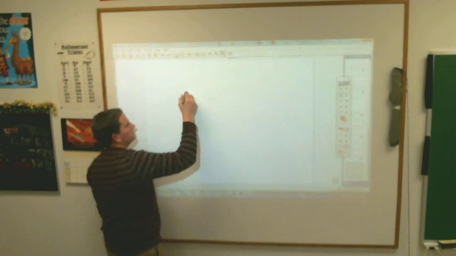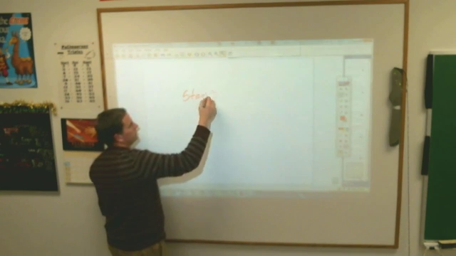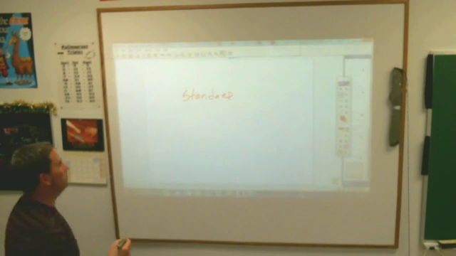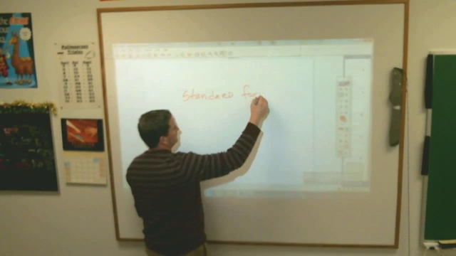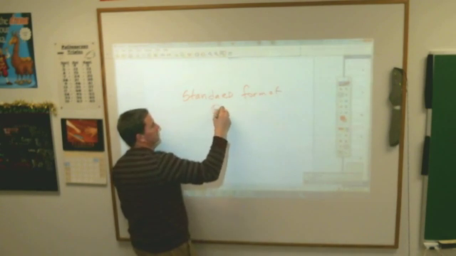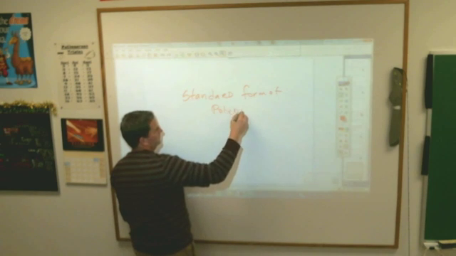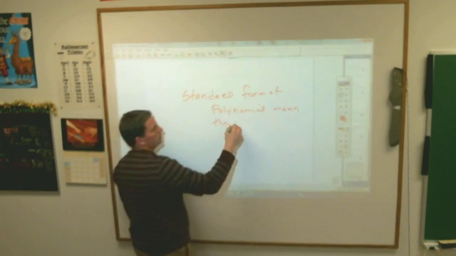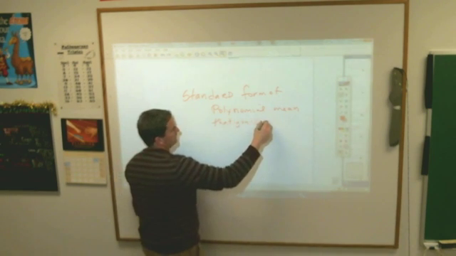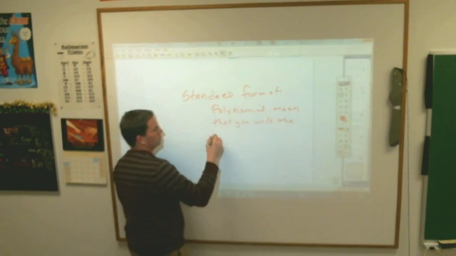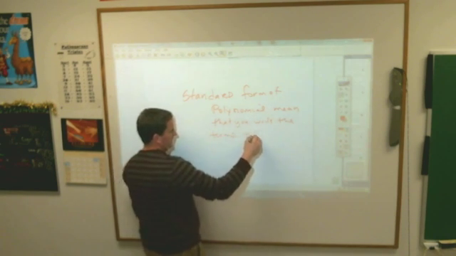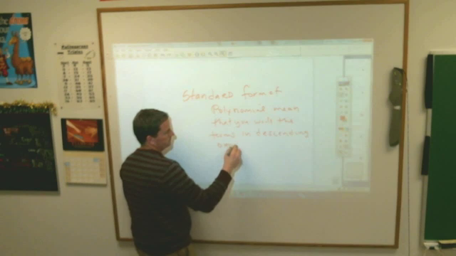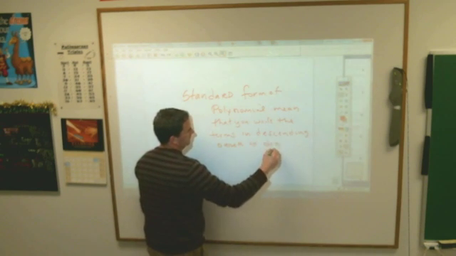Please write this down. The standard form of a polynomial means that you write the terms in descending order of degrees.